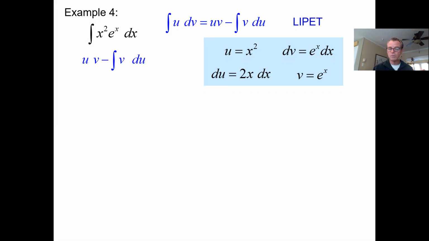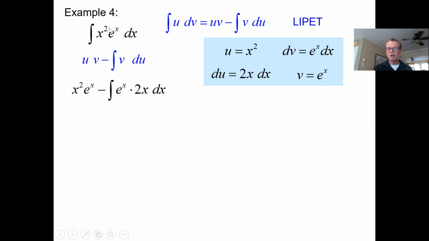So now we've got to substitute. You see where they're getting this diagonal product, subtract v, e to the x, times du.